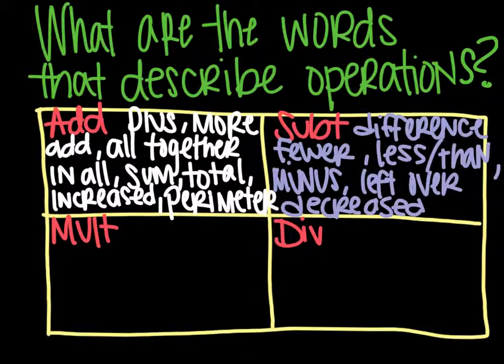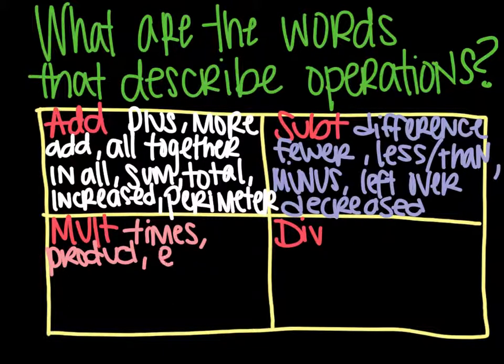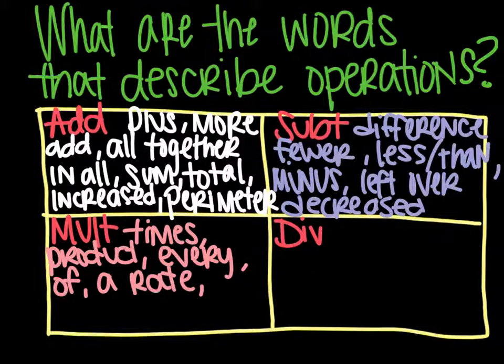All right, next one. We have multiplying. Multiplying would include words like times, product, every, of, a rate, if you see the word rate, area would be a multiplying problem.